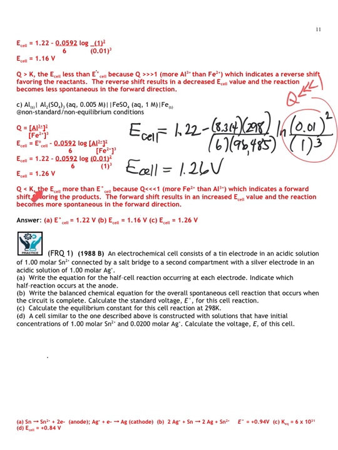So it's Q less than K, and so the E cell is going to be more than the E cell standard because Q is less than 1, indicating there's going to be a thermodynamically favorable reaction towards the products, so the forward direction, and thus an increase in the E cell as a result. So yeah, calculate it and make sure you're familiar with that. This is just a different form of taking all the constants.